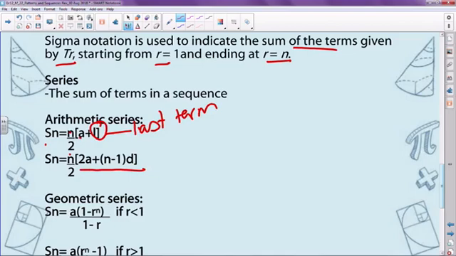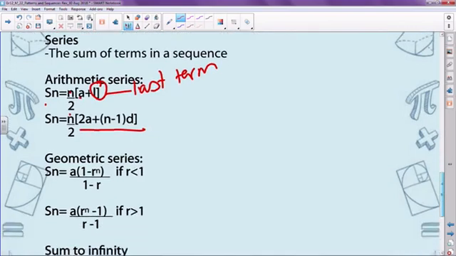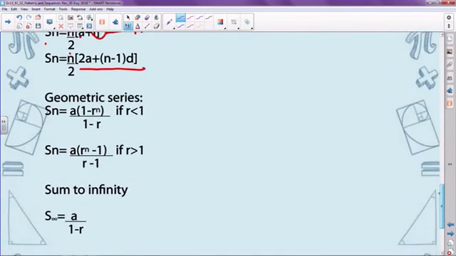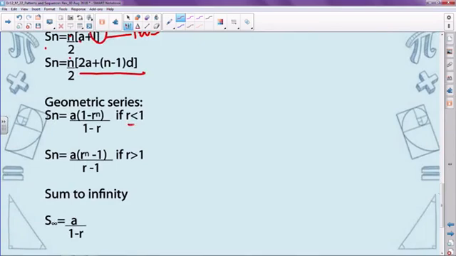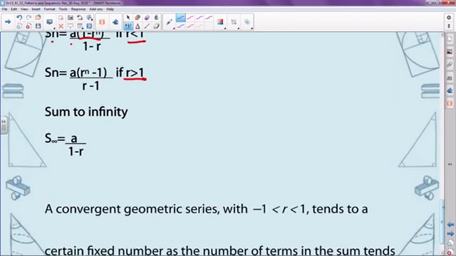That whole thing is also given to you on your formula sheet. For a geometric series, you've got two different formulae. If r is less than 1, Sn is equal to a in your numerator, times 1 minus r to the power of n. And if r is greater than 1, then you've got r to the power n minus 1. It just makes dealing with the signs a little bit easier as well.